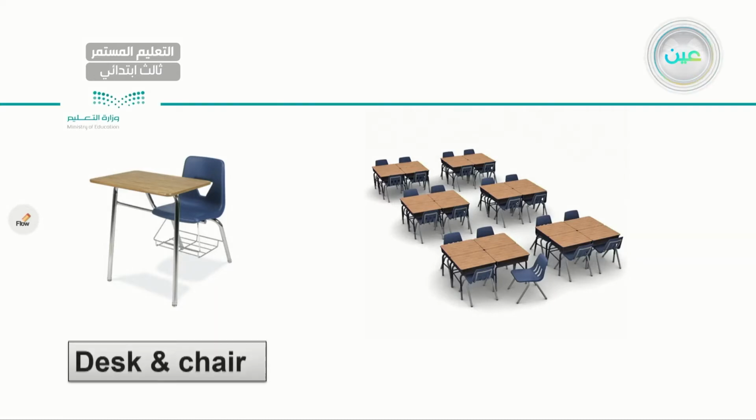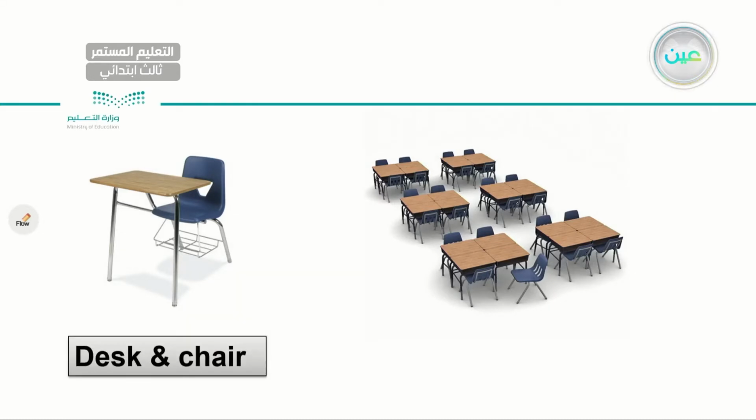I have what? A desk and a chair. One of each, right? A desk and a chair. So, singular. But to your right, how many can you see? Do I have 1 now? Is it singular? No, I have plural.